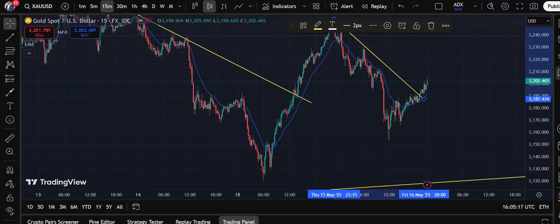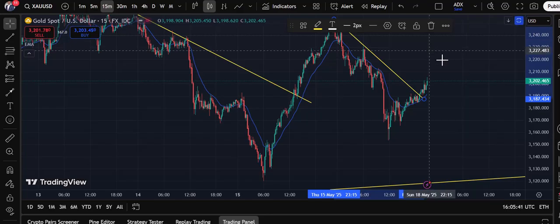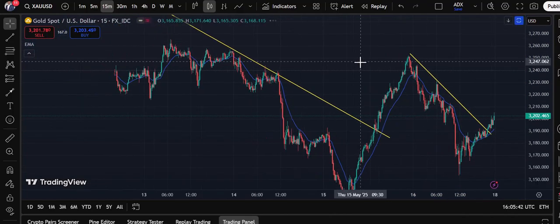And that's why every market spends more than 80% correcting, 20% trending. So for you to catch this move, let me show you this on the 15 minutes time frame, guys.